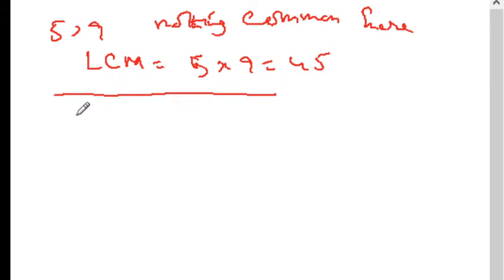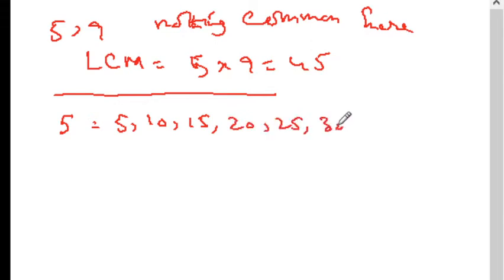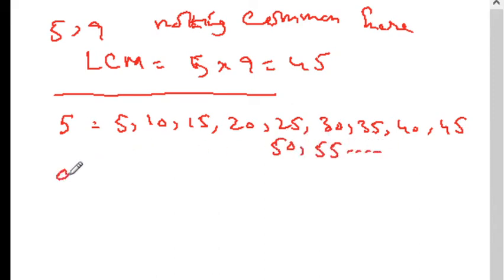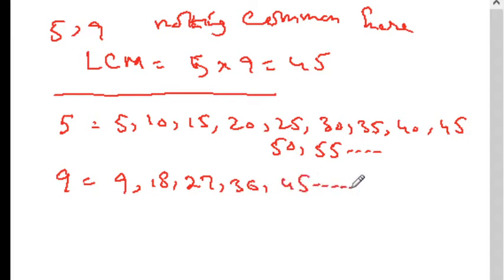Now if you want to do this with the multiple method, 5 multiples are what? 5, 10, 15, 20, 25, 30, 35, 40, 45, 50, 55, and so on. 9 multiples are what? 9, 18, 27, 36, 45, and so on.